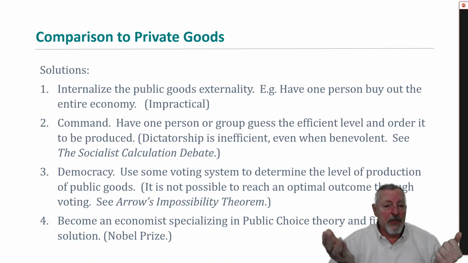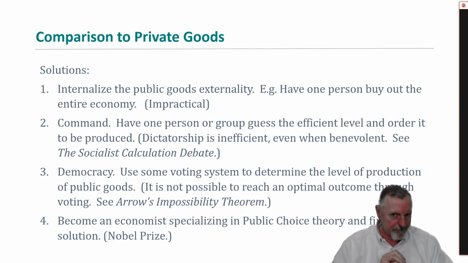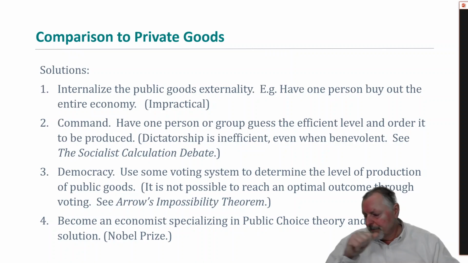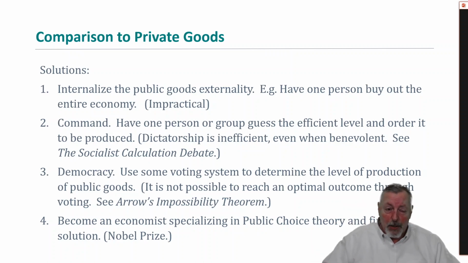One, like with any other externality, all you have to do is internalize the externality. You could have one person buy out the entire economy. Then that one person would be paying the entire cost and receiving the entire benefit. No externality. Not practical. Although Elon Musk is probably headed in that direction.